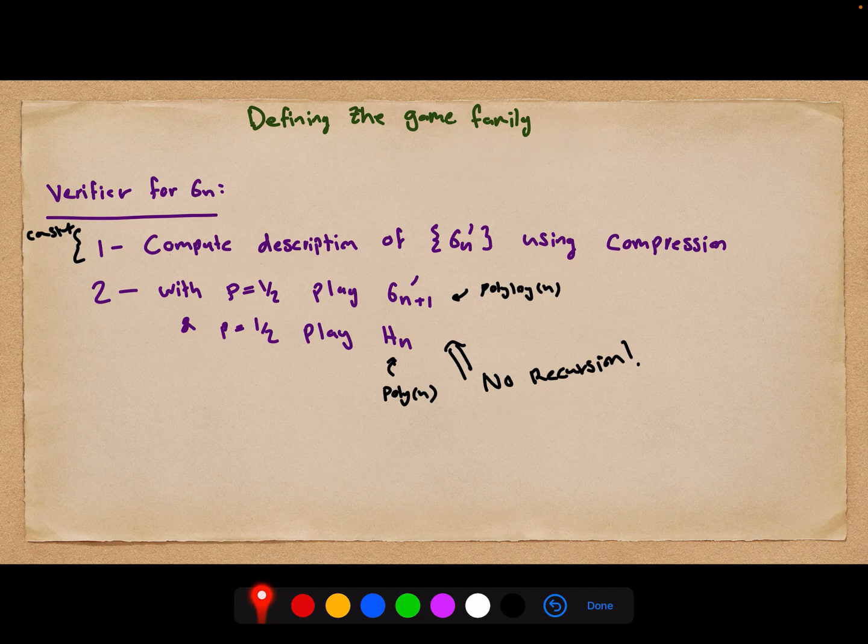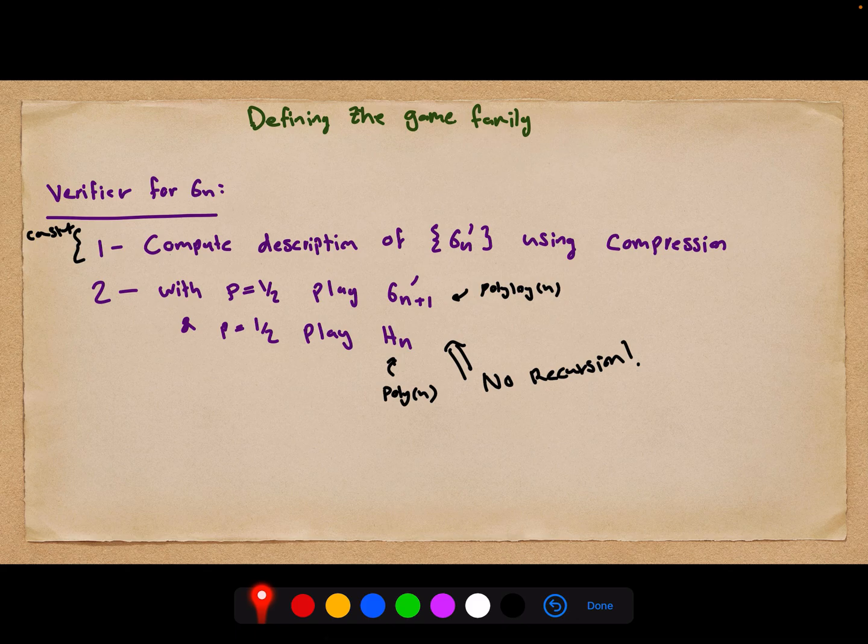And just as a sanity check, let's make sure that this family of games is in fact a uniform family of games with polynomially bounded verifiers. So the first step runs in constant time, since our compression algorithm is just running on the description of this family, which is just some constant amount of bits. And then the second step with probability 1/2 runs the compressed n+1th game, which by the guarantee of our compression theorem runs in polylog n time.